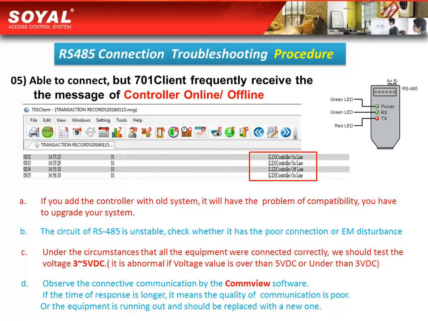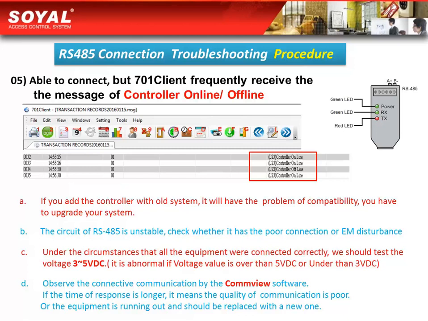First, if you add a controller to an old system, the system is too old and will have the problem of compatibility, and you have to upgrade your system. Second, the circuit of RS485 is unstable. Check whether it has a poor connection or EM disturbance. Third, under the circumstances that all the equipment is connected correctly, we should test the voltage of 3 to 5 volts DC.